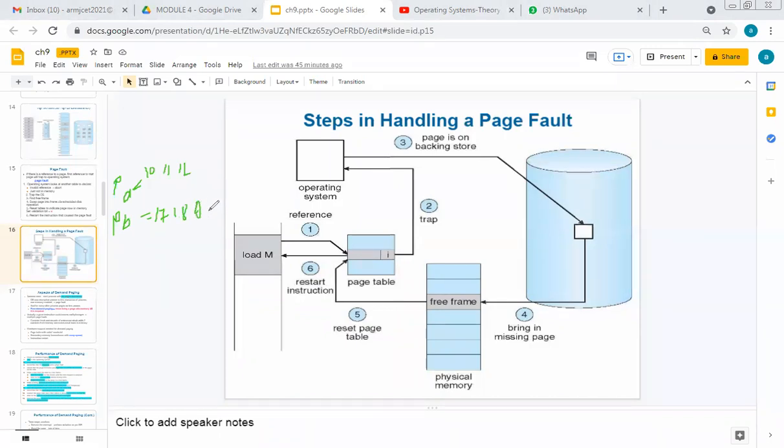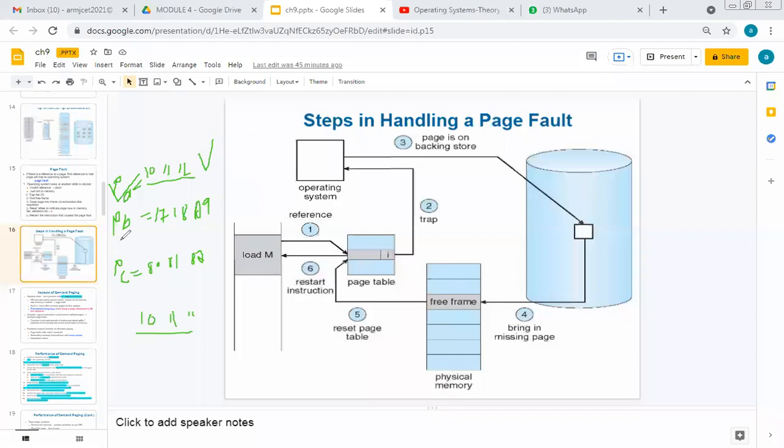Process C wants, as in yesterday's example, 80, 81, and 82. Yesterday in the cylinder we had shown what the present things were. Pages 10, 11, 12 are already in the RAM, so the requirement of process A is fulfilled. No need to swap out or swap in anything. Directly you will get all the expected pages, hence it is called valid.